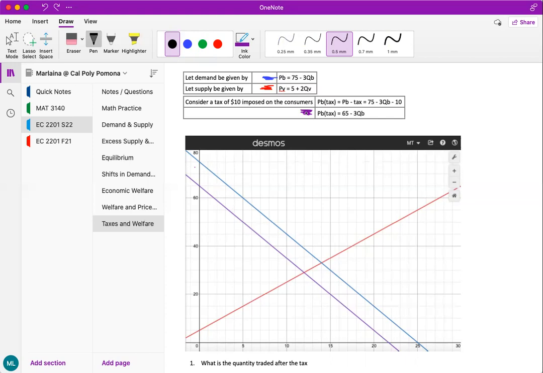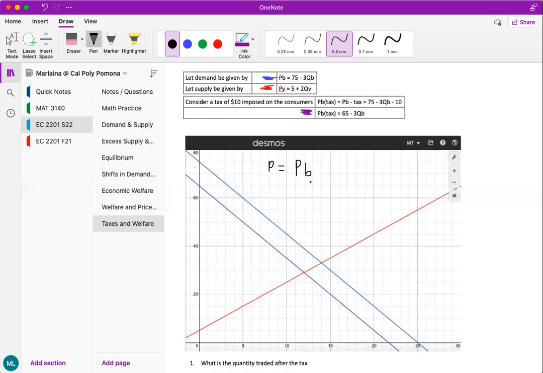Because normally, when a consumer goes out to the store and decides to buy a good, the producer would receive the entire amount that the consumer pays in equilibrium without any price controls or anything.